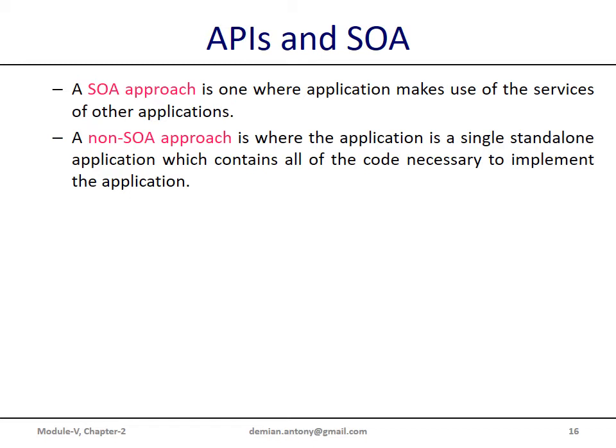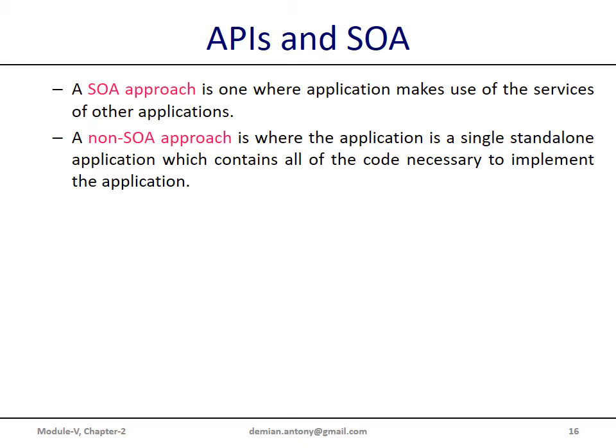The SOA approach is one where an application makes use of the services of other applications. That means that as a designer of an application, we do not have to build the functionality from scratch. We can borrow or consume the functionalities which are already available or published over the internet.